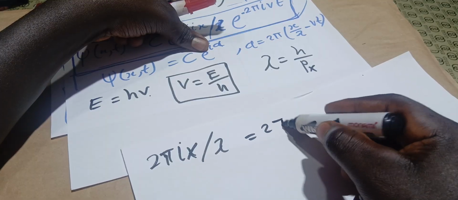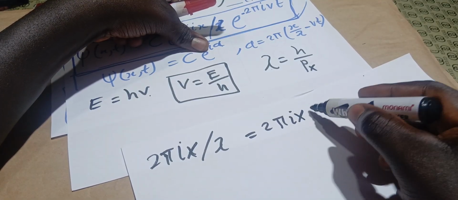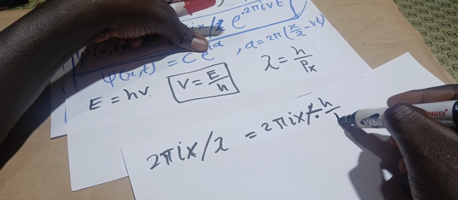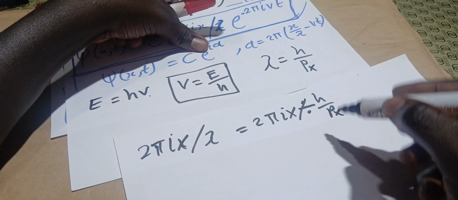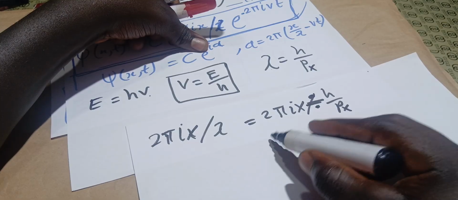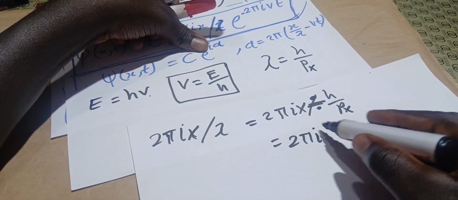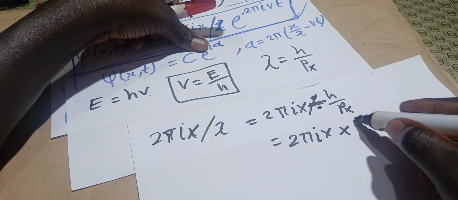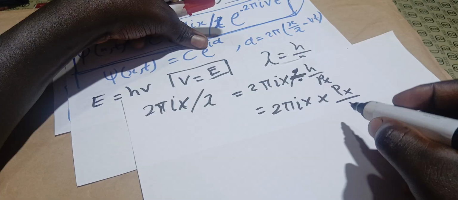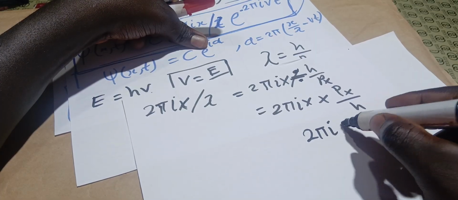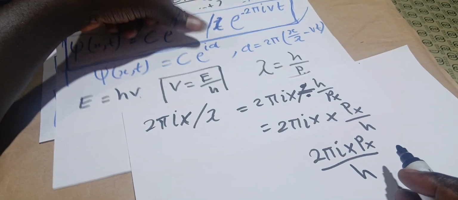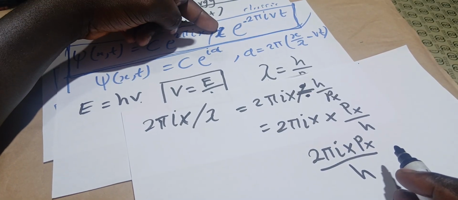So this will give us 2 pi i x all divided by h over px. This is equivalent to 2 pi i x multiplied by the reciprocal of this, which is px over h. So we get 2 pi i x px all over h. So that is where we substitute the value of lambda.